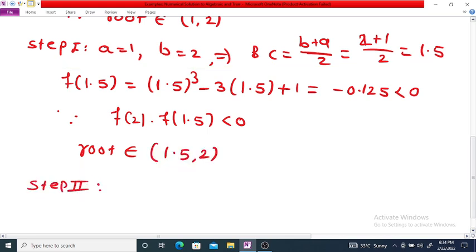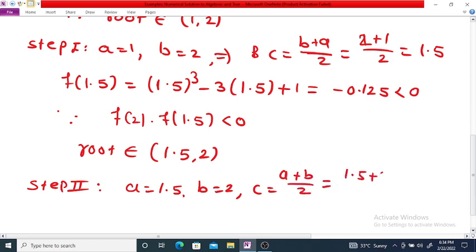Step number 2: again here a is equal to 1.5, b is equal to 2, c is equal to a plus b divided by 2, so it is 1.5 plus 2 divided by 2, which is equal to 1.75.